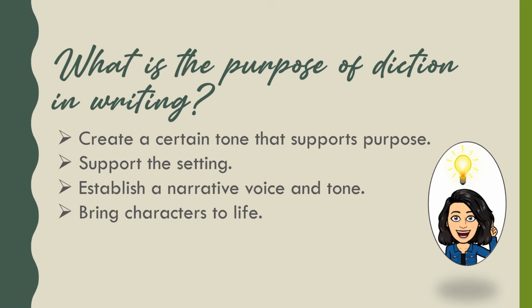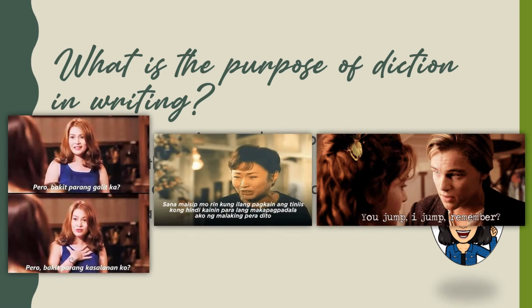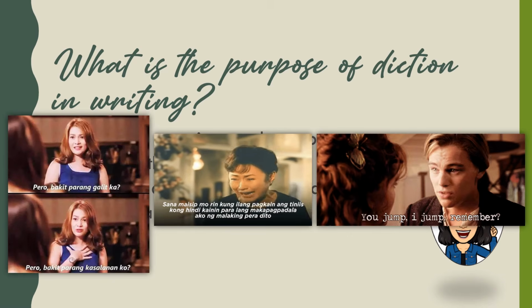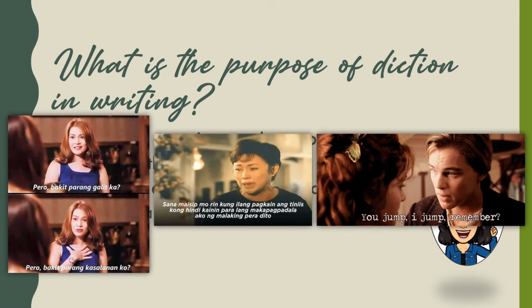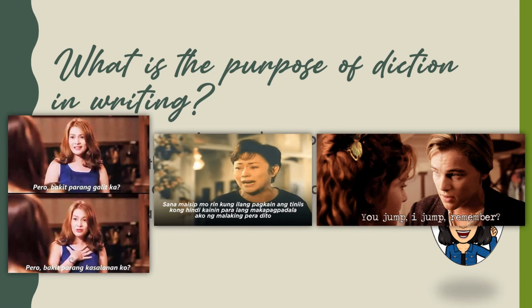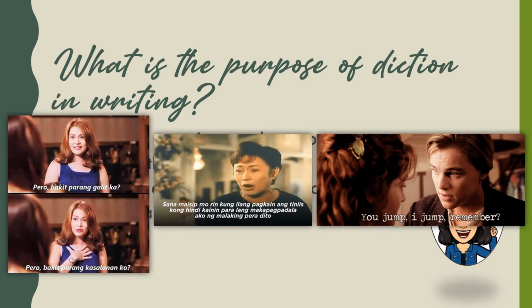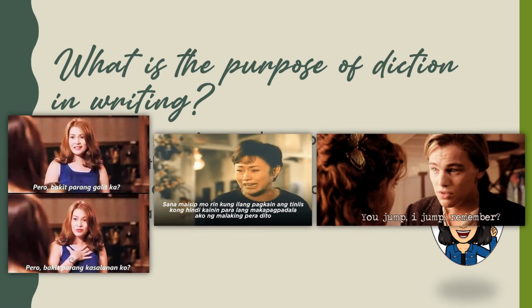And last one, diction helps bring characters to life. Do you remember some of your favorite characters' signature line? Without choosing the proper diction to make their characters come to life, these popular movie lines would not leave a mark to audience like us, right?